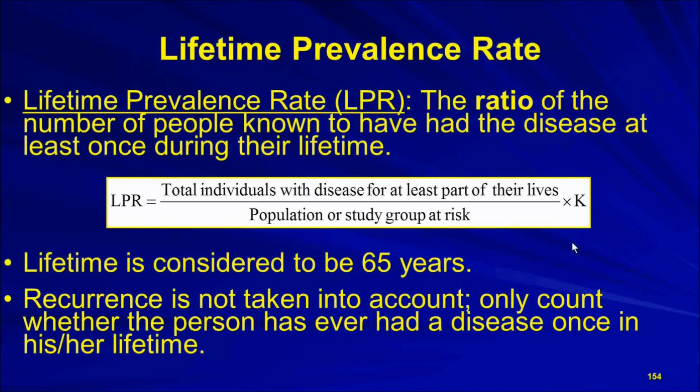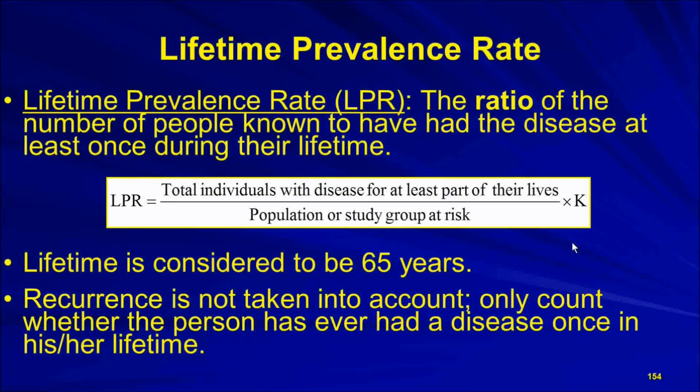Let's go to lifetime prevalence. Lifetime prevalence just means whether or not you have had a particular disease at some point in your life. Not how many times you've had it, but if somebody said the mumps, how many times have you had the mumps? You'd probably say once. If somebody said, how many times have you had influenza?